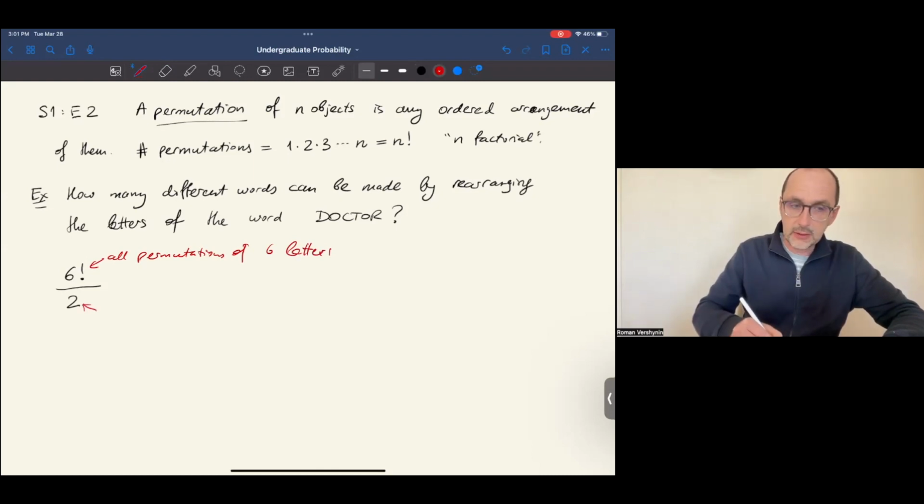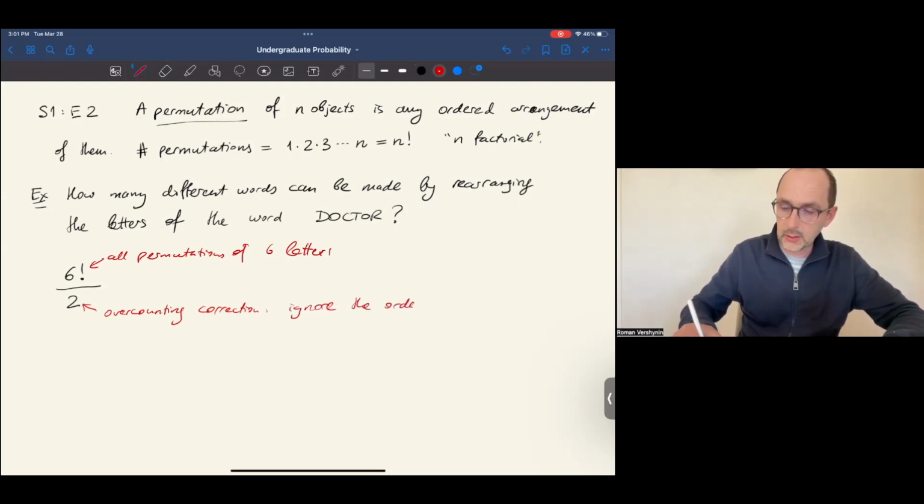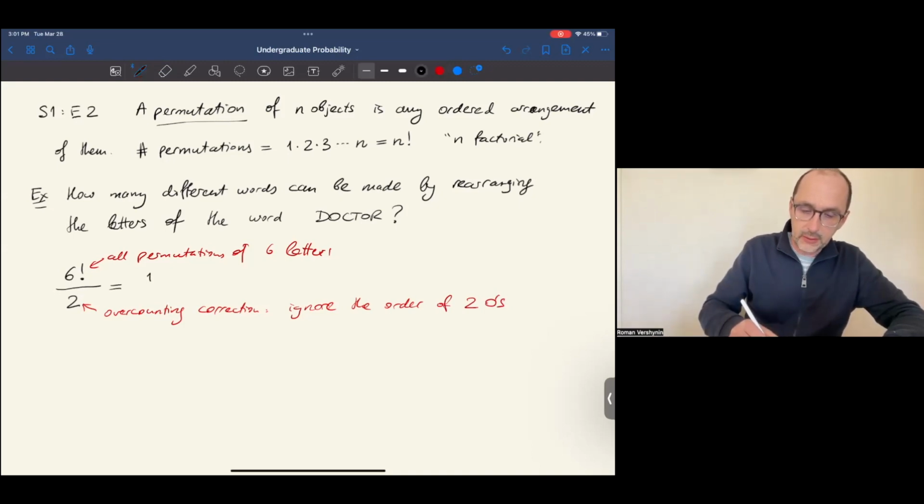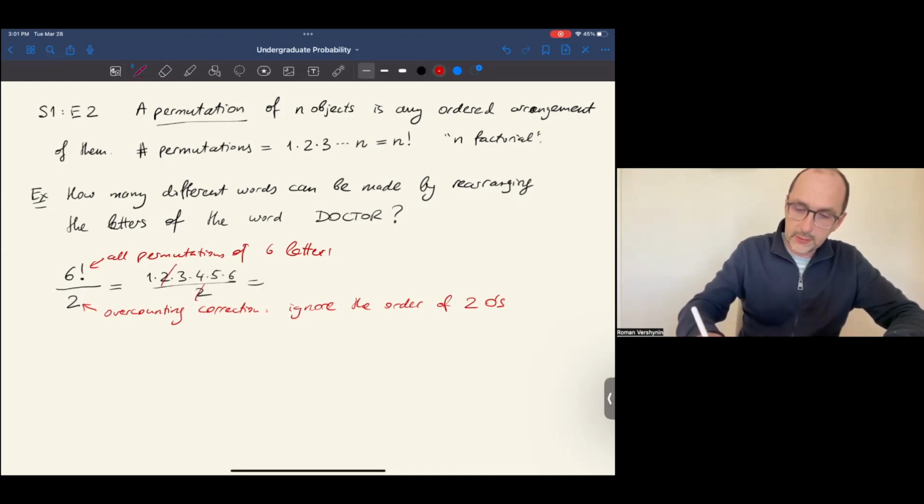And this is the overcounting correction, in which we ignore the order of the 2 letters O. So this is the correct answer, 6 factorial divided by 2. And this is 1, 2, 3, 4, 5, 6 divided by 2. 2 cancels, and we get 360 as our answer.